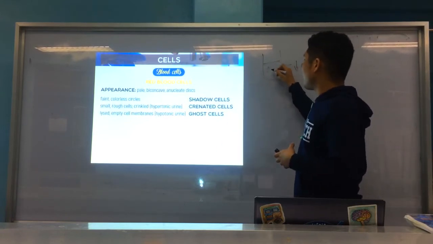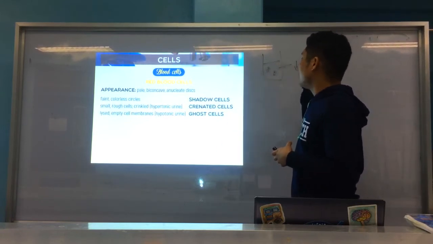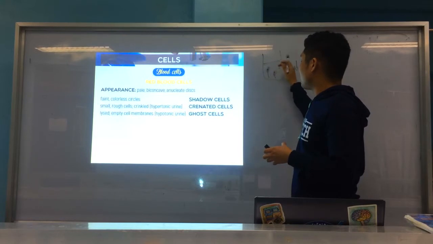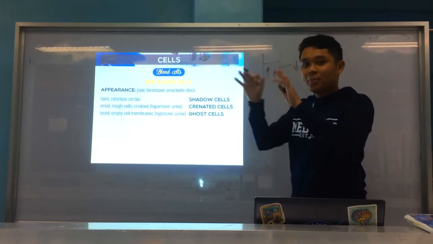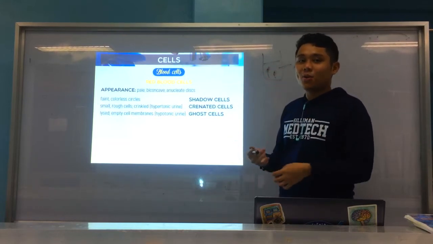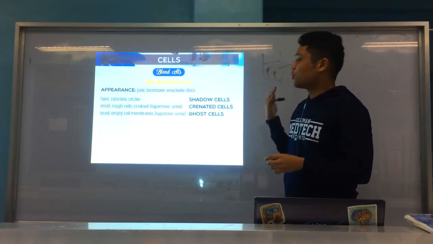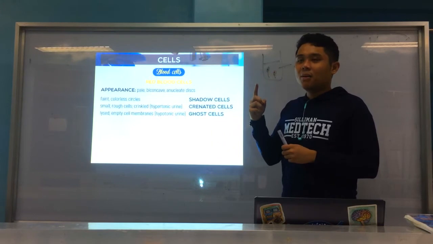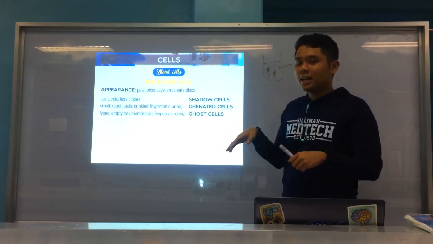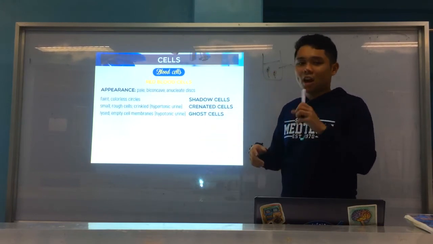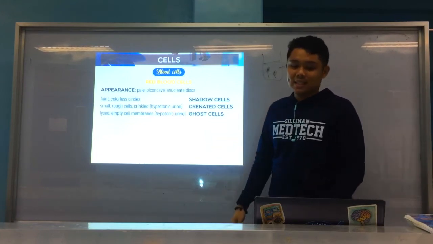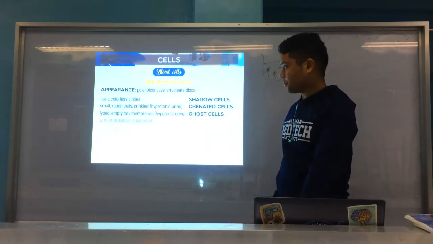Your RBCs have more solutes inside. To equalize, the water surrounding the cell will go inside to dilute the solutes, because they always want balance. As water keeps entering, the cell swells and bursts. I hope the principles of hypertonic and hypotonic are clear. When RBCs lyse because of hypotonic urine, they become ghost cells.